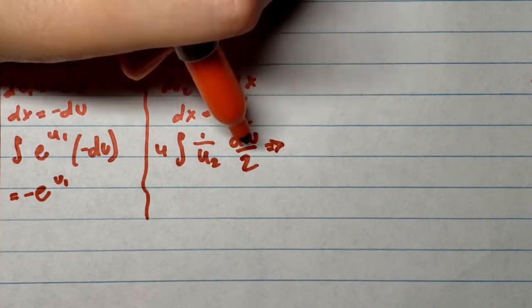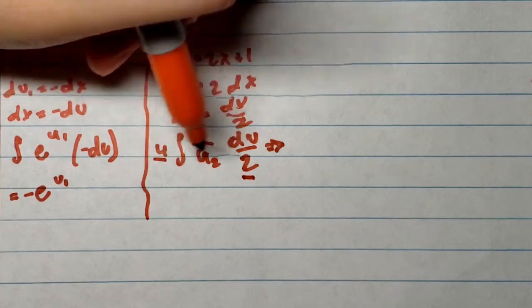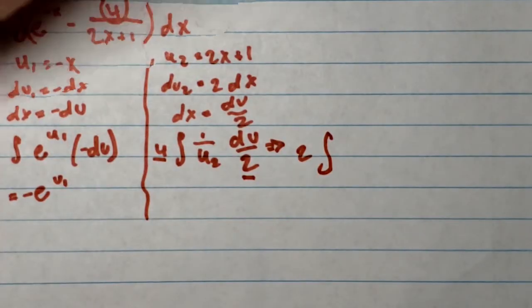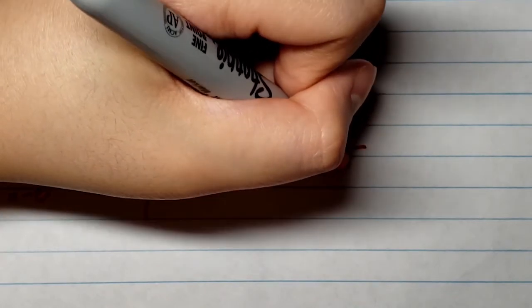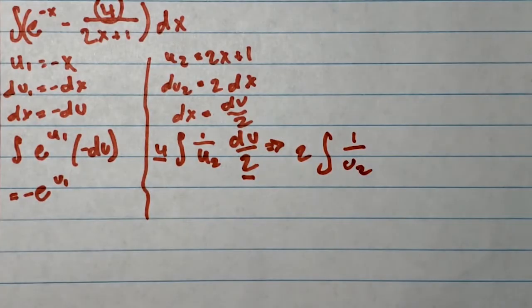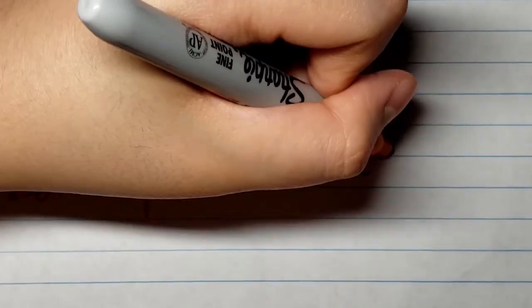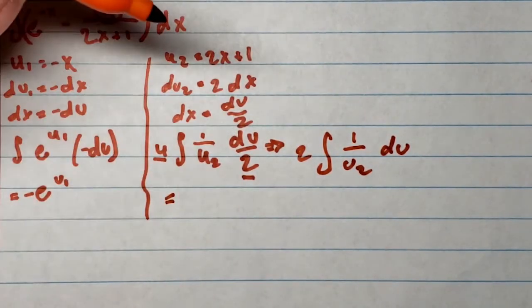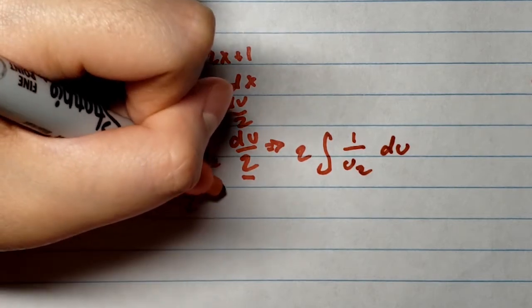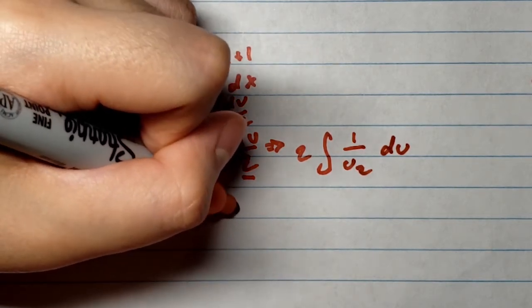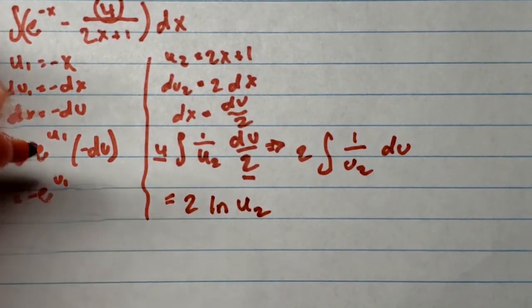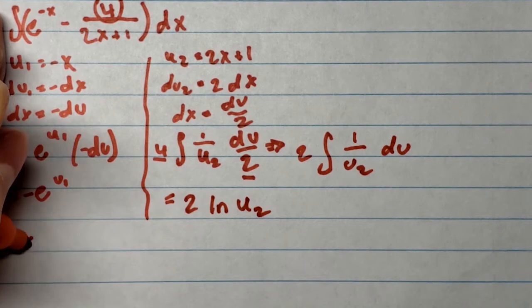Simplifying that further, du over 2 has 1/2 as constant. So the 4 would turn into a 2, and then that would be your new integral. Solving it, it's 1 over u2, so the antiderivative of that would be ln of u2.